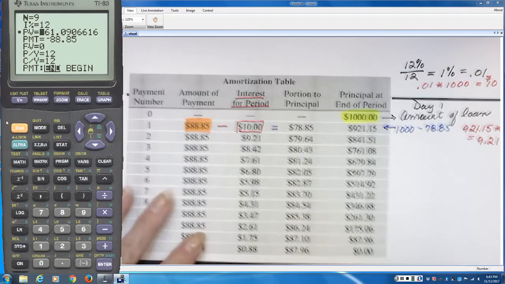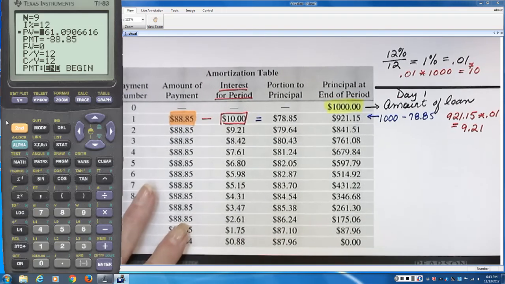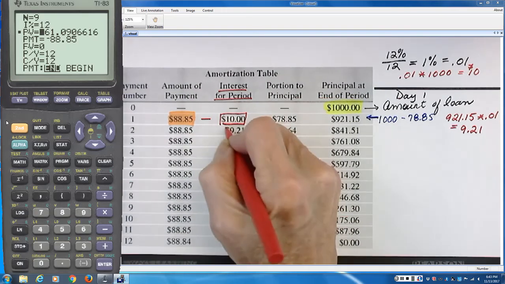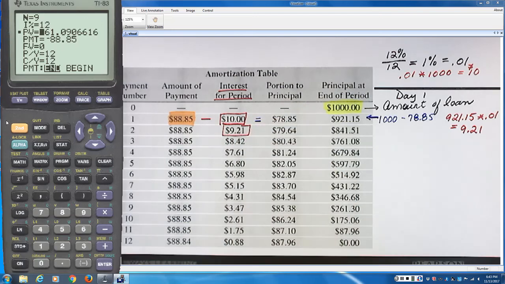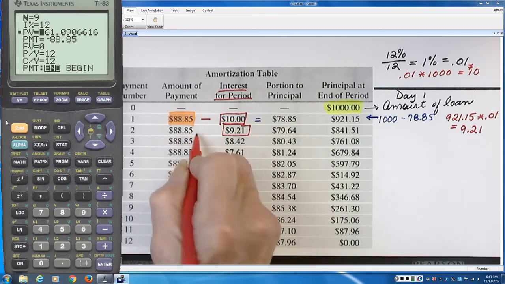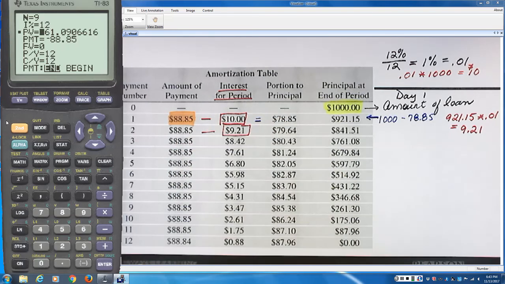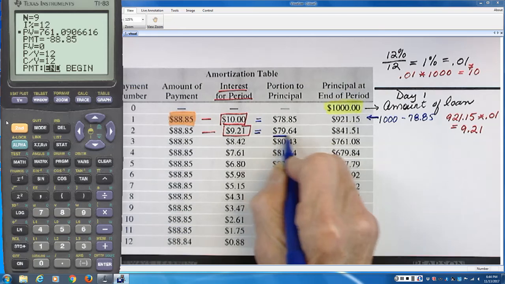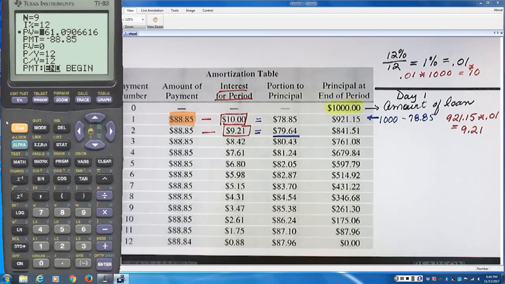Okay, that new balance then becomes what she gets charged interest on. So she's going to pay $9.21 interest, which is this $9.21. So from her payment of $88.85, we subtract that $9.21, and that gives us how much actually comes off of her loan, $79.64.